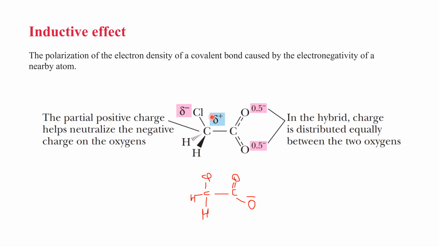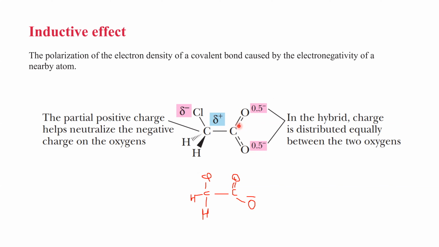If that were not positive, then just one side would be getting the negative and the rest would be neutral, so this would not create symmetry and stabilization. That's why this chlorine makes this carbon partial positive, which neutralizes this negative charge, and this negative charge is distributed equally between the two oxygens.